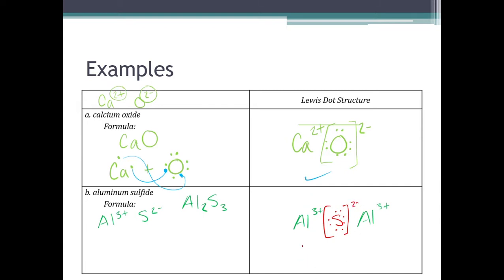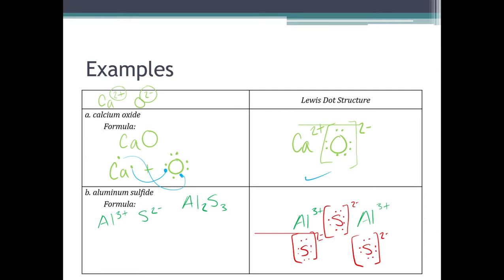So that is 1. We'll draw another one down here, with 8 electrons, brackets and a charge. Then we'll draw one more, with 8 electrons, brackets and a charge. So now we've got our 2, 4, 6 negatives and our 3, 6 positives, our 2 aluminums, 3 sulfides, everything works out.